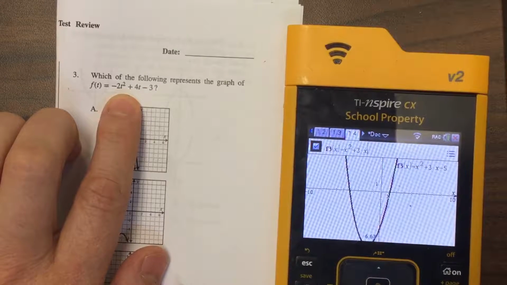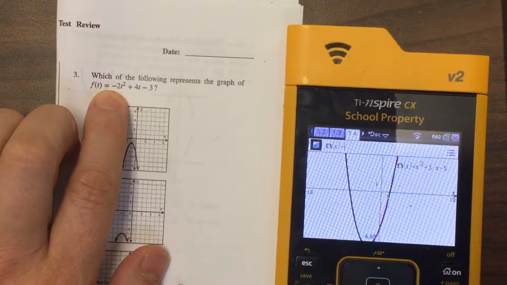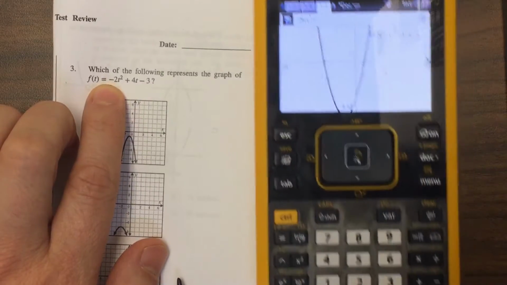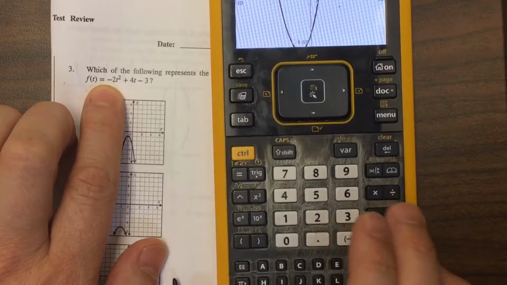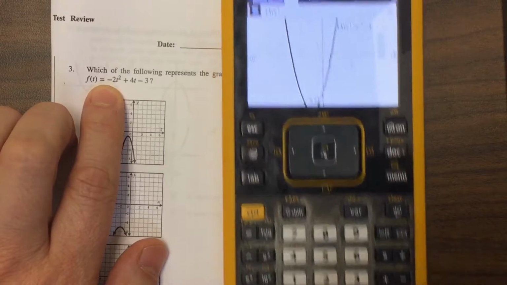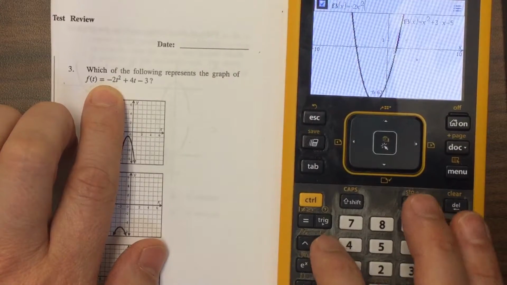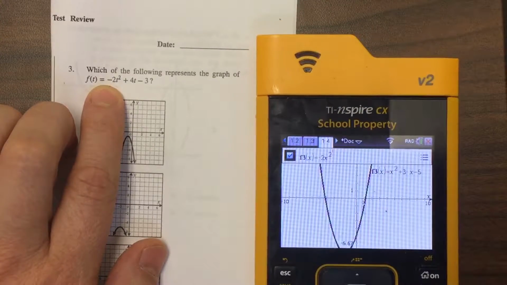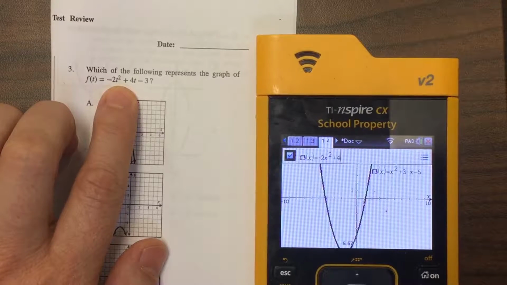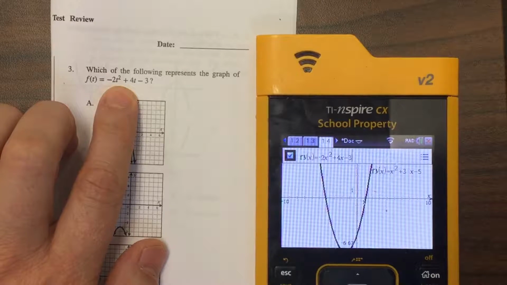I get rid of everything, delete to the equal sign. I'm going to type in negative using the negative button, not the minus or subtract, but the negative button. -x squared plus 4x minus 3.